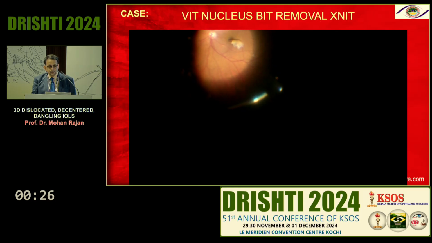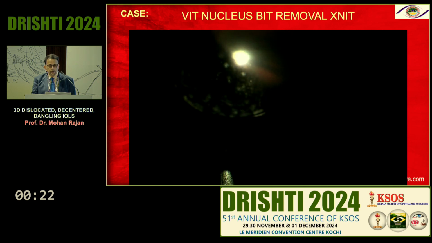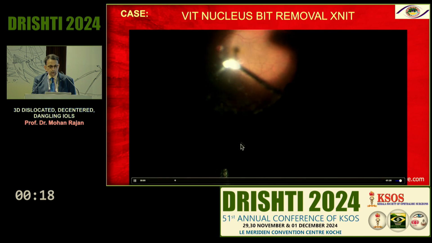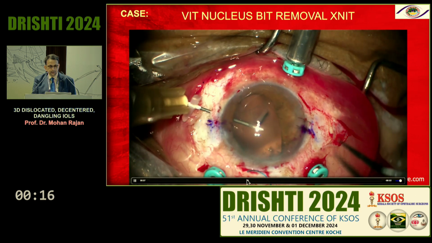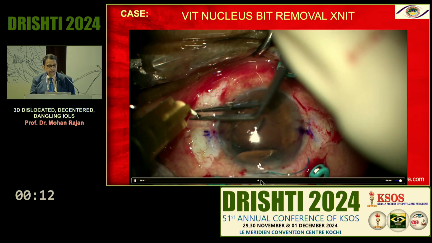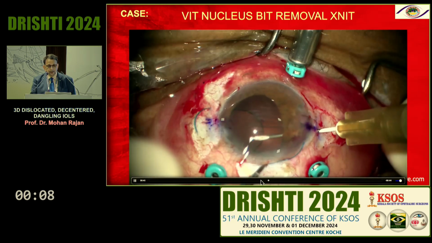Again, another patient with a vitrectomy, nucleus bit removal, and then this patient we had to do a Yamane technique. You can see this is a Yamane technique which has been popularized by the Aravind Eye Care System, and you can see here how beautifully it's been done without any problem.